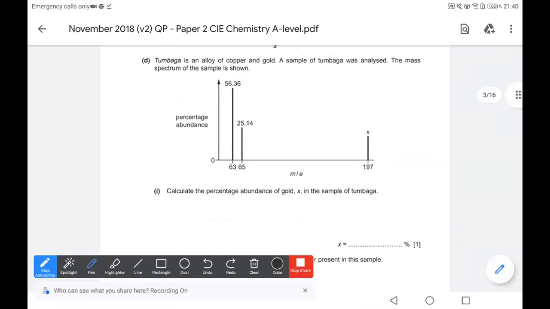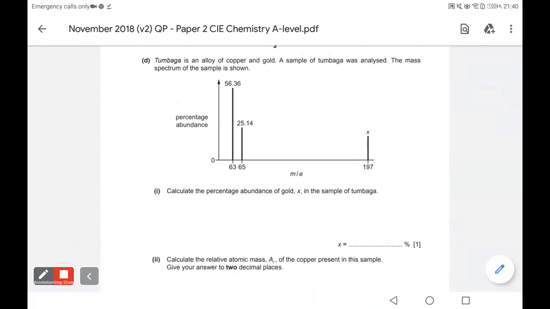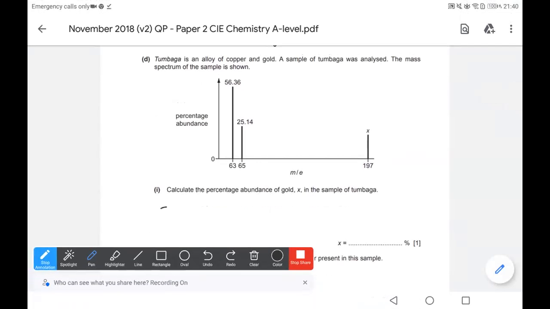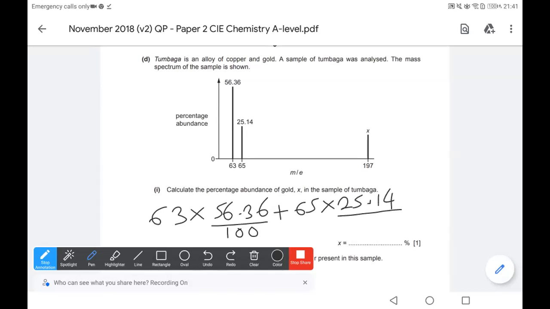So 63 into 56.36 plus 65 into 25.14. It's not a percent. Wait.